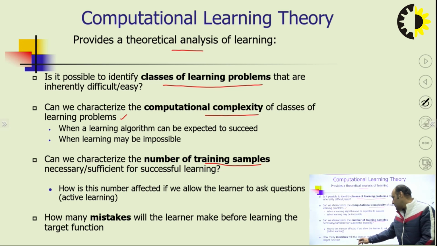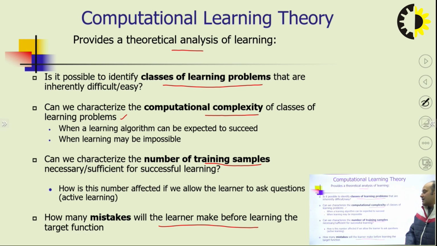How many mistakes will the learner make before learning the target function? Whenever we study this computational learning theory, these questions arise, and this theory gives the answers to these questions. Okay: the class of learning problem, the computational complexity of the class, where it will lie, the number of training samples, and how many mistakes the learner will make before learning the target function.